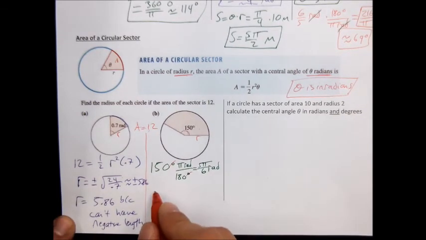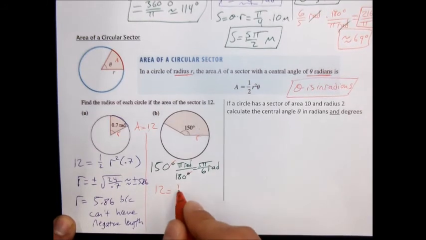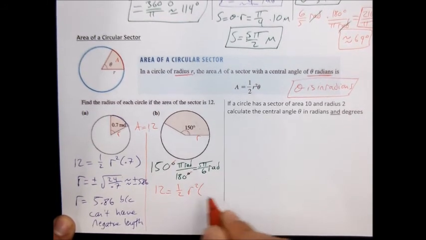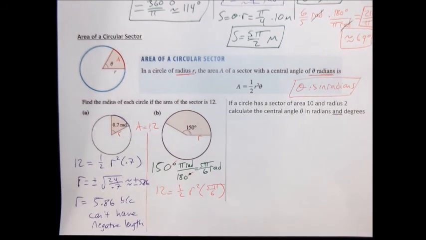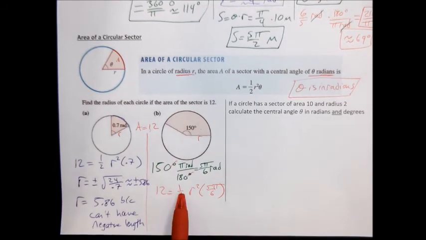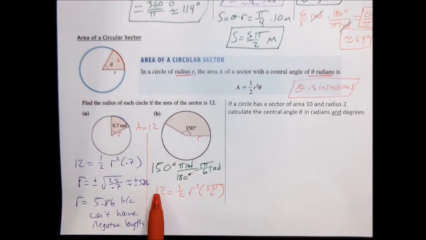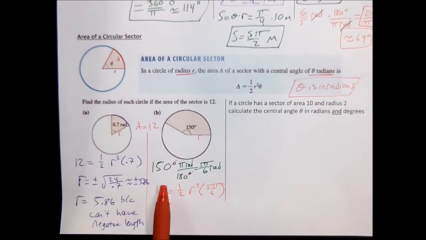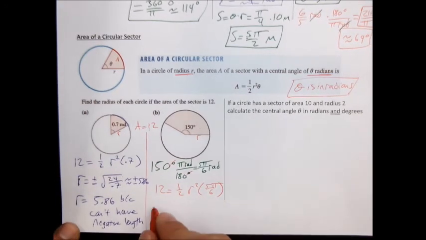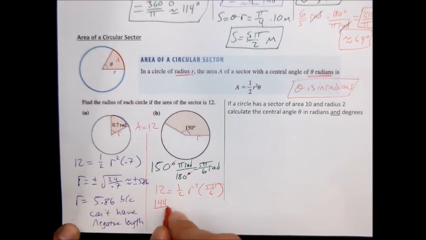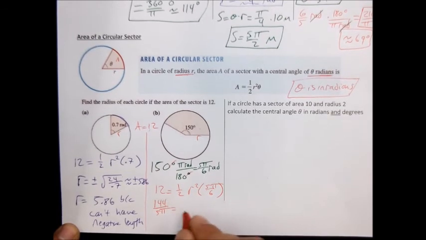So we have 12 equals 1/2 r squared times 5 pi over 6. I'll let you think about the algebra here, but we multiply the 2 over to get 24, multiply by 6 to get 144, and then divide by 5 pi, so we have 144 over 5 pi equals r squared.